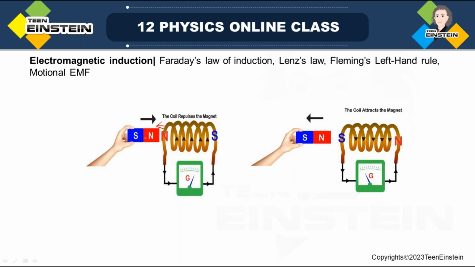So if you want to bring the magnet near the coil, then what happens? Since the induced EMF is opposing the motion of the bar magnet itself, and we still want to bring the bar magnet towards the coil, you have to externally put in some effort, some work done.